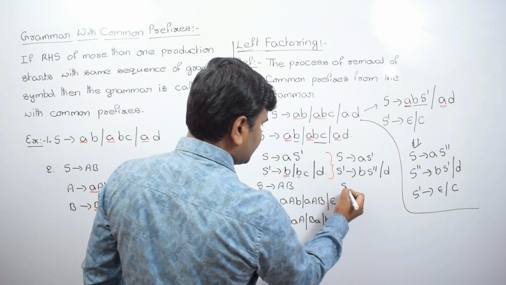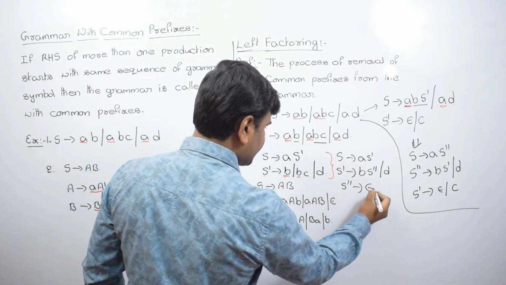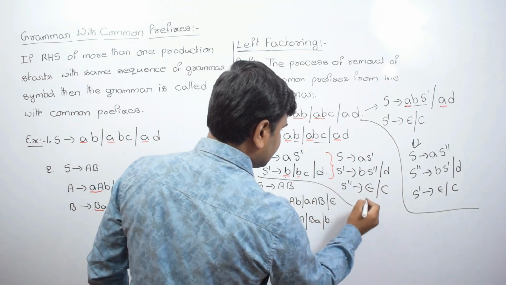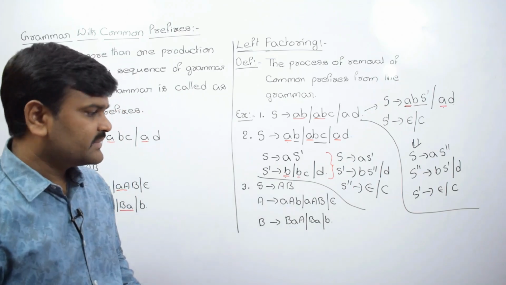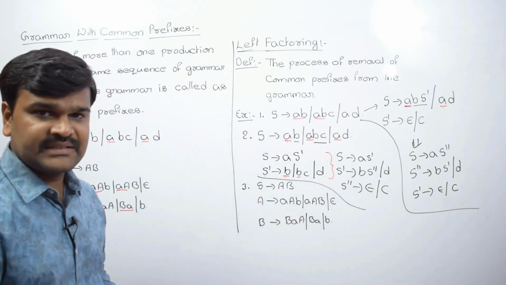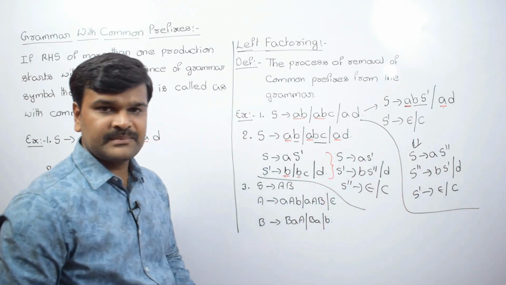What is S double dash? S double dash is either epsilon or c. This is the second grammar without any common prefixes. Ultimately, both are the same.